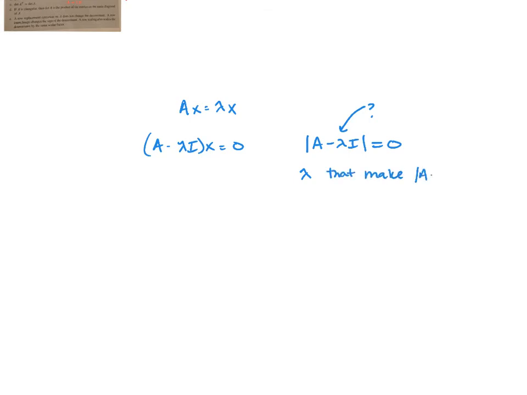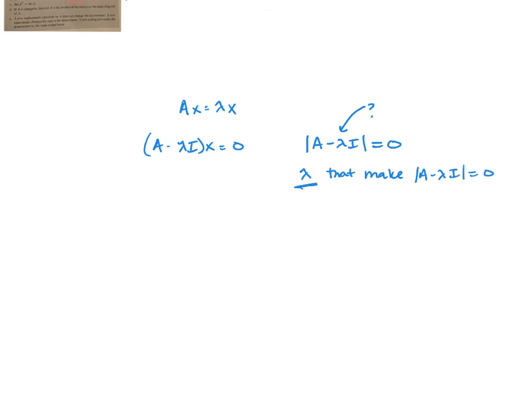If I take AX equals lambda X and change that into A minus lambda I, X equals 0, and if the determinant of A minus lambda I is 0, if I solve for when that happens, then what I'm going to end up with is all the possible lambdas that will make the determinant of A minus lambda I equal 0.